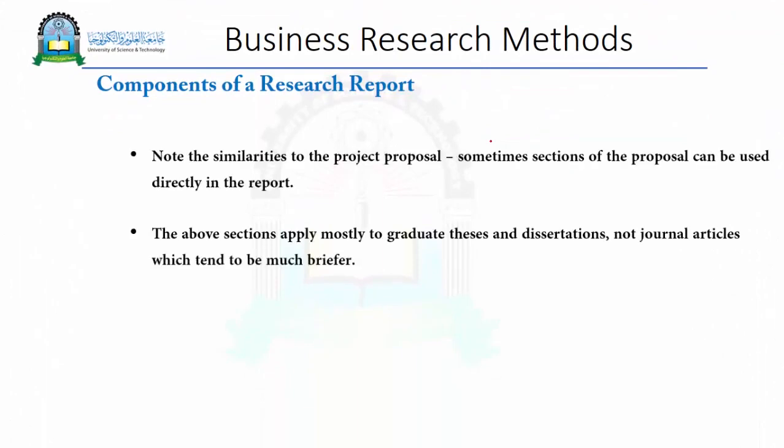Okay, so when we write the research report and include its components, we must note the similarities to the project proposal. When we prepare the research proposal, we are preparing part of the research report.